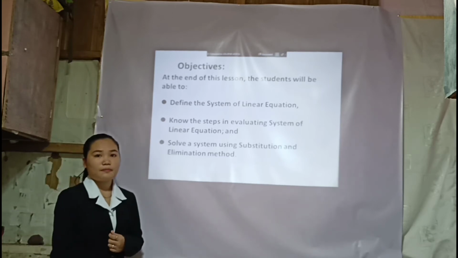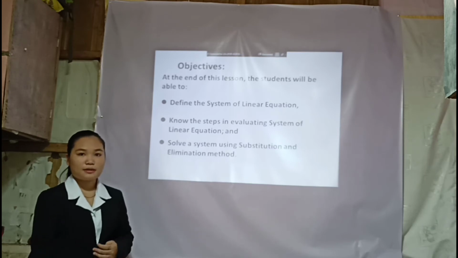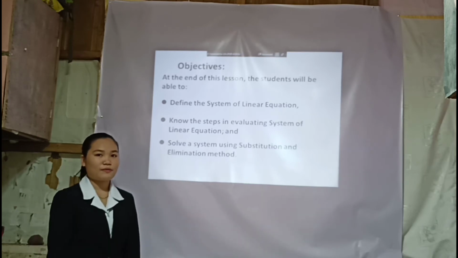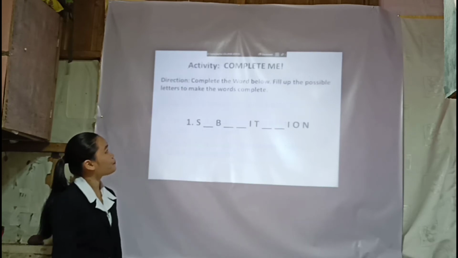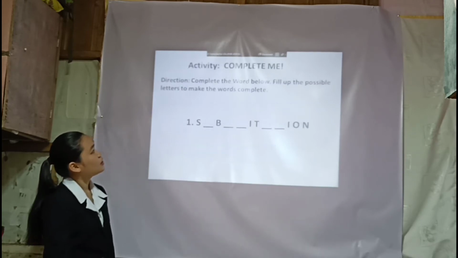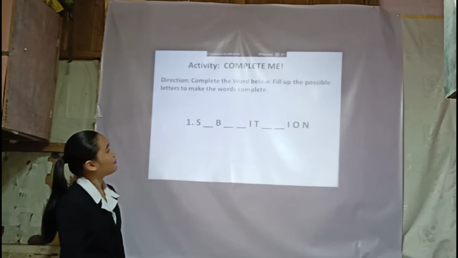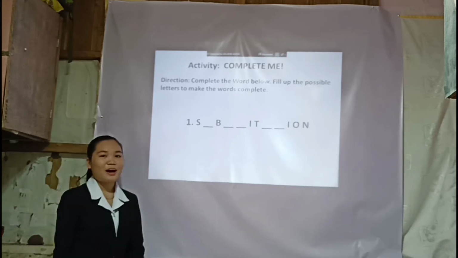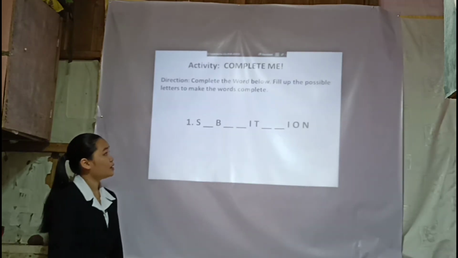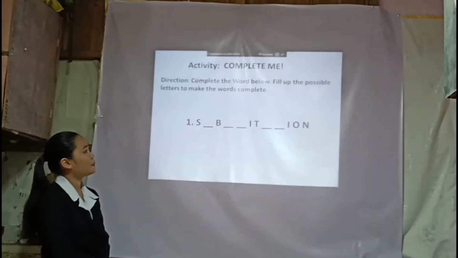So, let's have an activity first. Please get a 1/4 sheet of paper and answer this activity. Direction: complete the word below. Fill up the possible letters to make the words complete. I will give you 1 minute for each item.